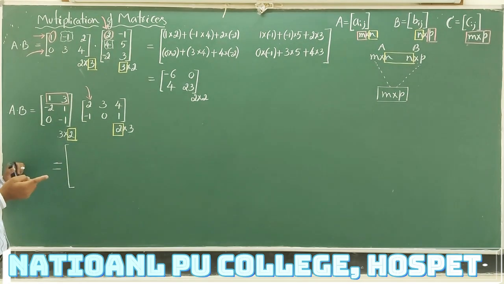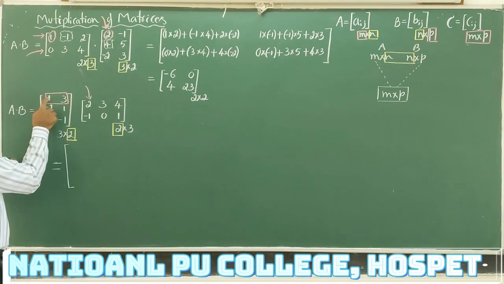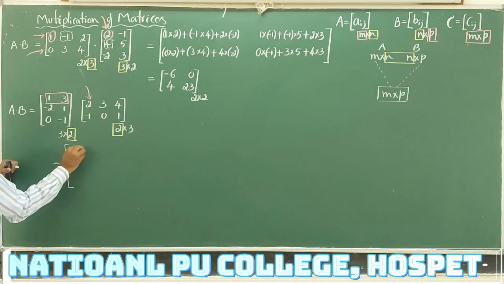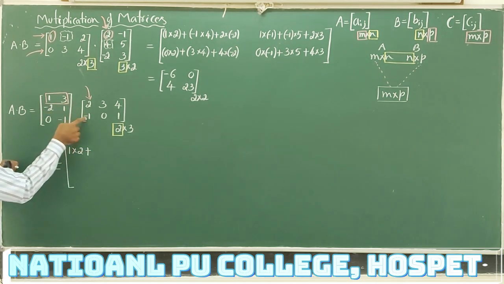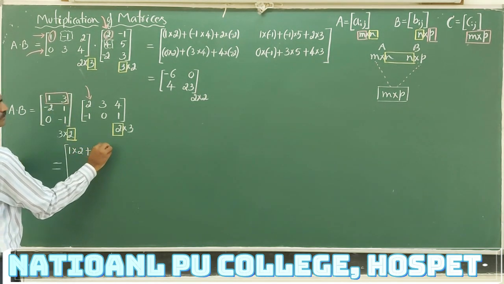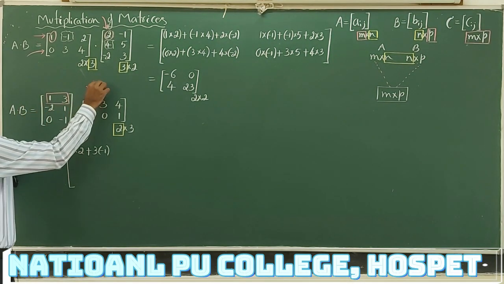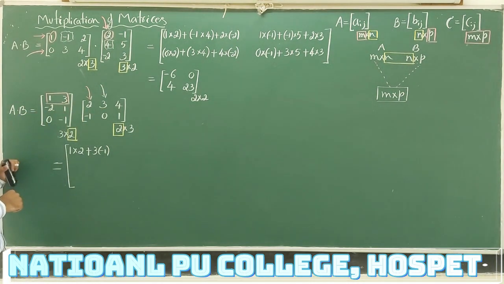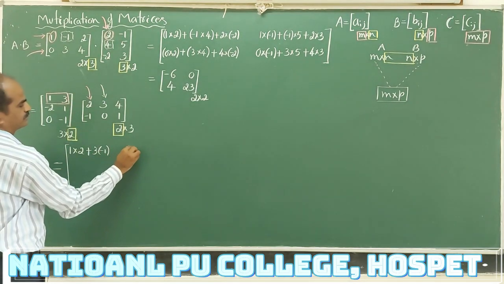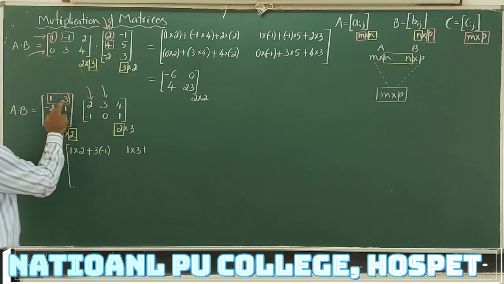After making the pair of elements, multiply and then add. So 1 into 2 I have to write, plus 3 into minus 1. Now again take first row, second column. 1, 3 plus 3 into 0.